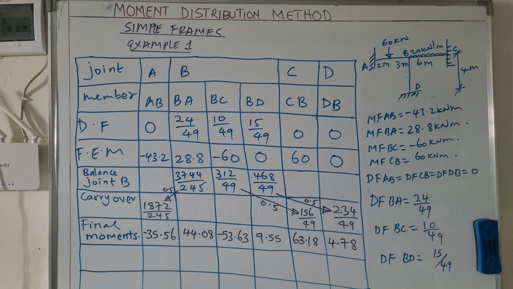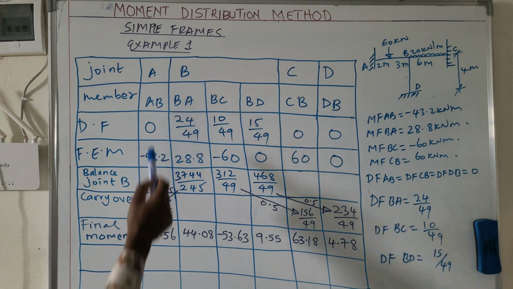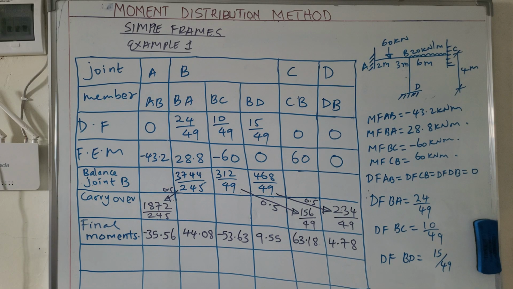So we can now check if our number is balanced or not. And how are you going to check? You will take this one plus this plus this. All members of joint B, the sum of fixed end moments should give you 0. So 44.08 plus negative 53.63 plus 9.55.